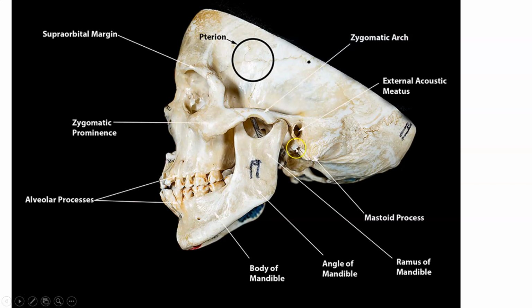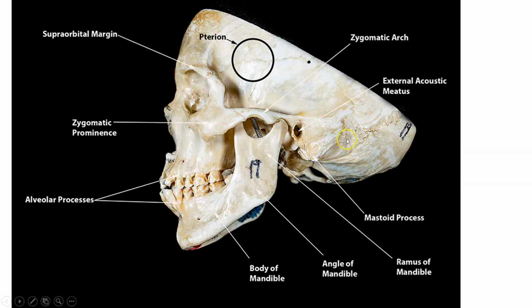There's also a process for the temporal bone called the mastoid process, which you see here. And parts of the mandible showing are the body of the mandible, which is really the chin, goes over to the other side. The zygomatic prominence is the prominent portion of your cheekbone.